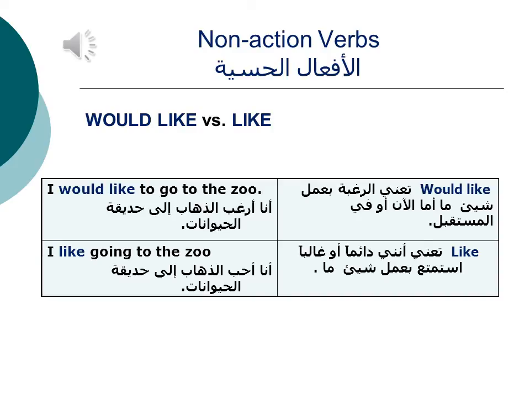Now, would like refers to something that you like to do now or in the future. While the second example, I like going to the zoo, means that I usually or always like to do this when I have the time. But it doesn't mean that I'm doing it now or I would like to do it now.